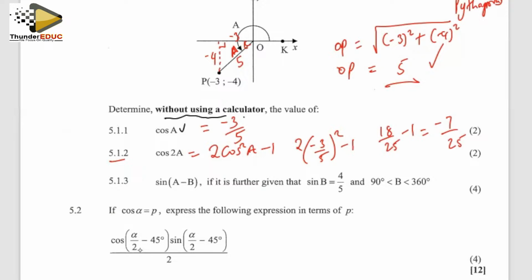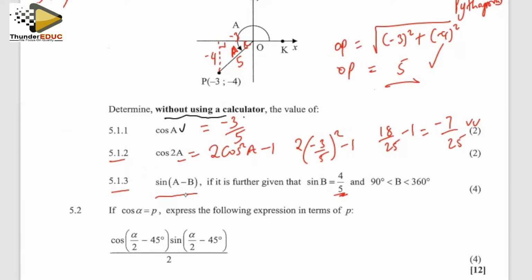Now, even if you use a different format of cos 2A, we must still arrive at the same answer, which is -7 over 25. Then 5.1.3, they want us to calculate this if it's further given that sine B is this. What we're seeing is that we have something extra now.